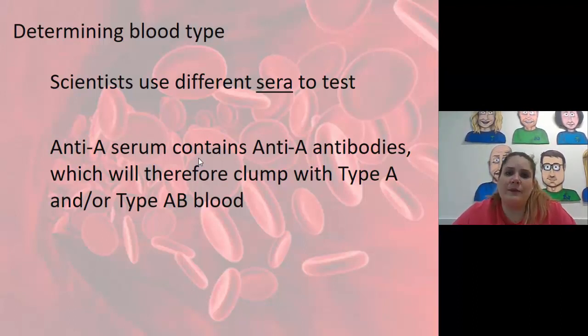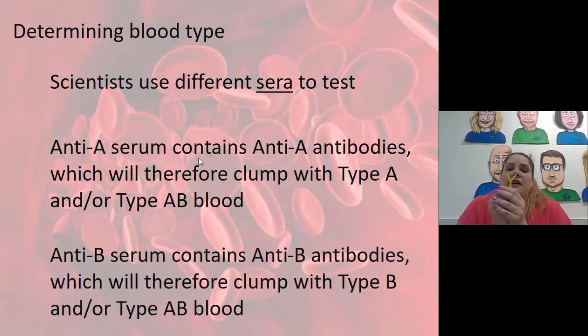Now, the same thing is going to happen with AB blood because AB blood also has A antigens. So if I take a serum that has these guys in it, it will make type A blood clump and it will make type AB blood clump, okay? But if we're talking about just type B, there are no A antigens, so there's nothing for this guy to grab onto. If we're talking type O blood, there's no antigen, so there's nothing for this guy to grab onto.